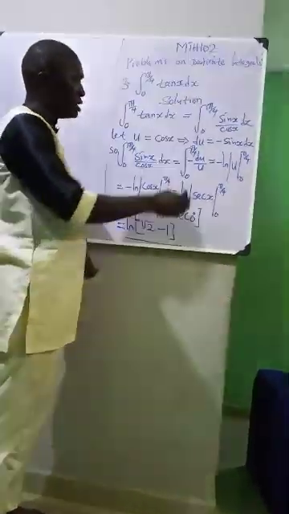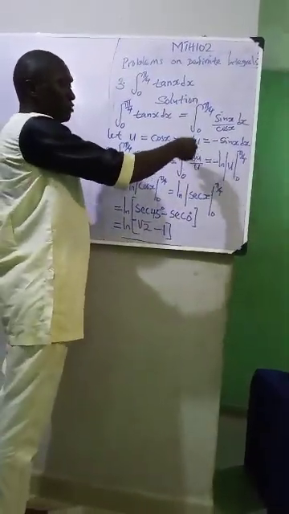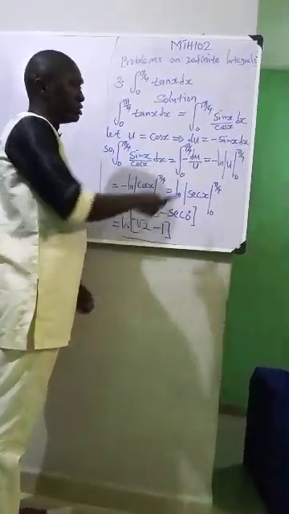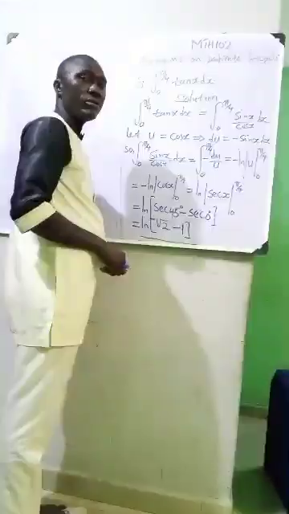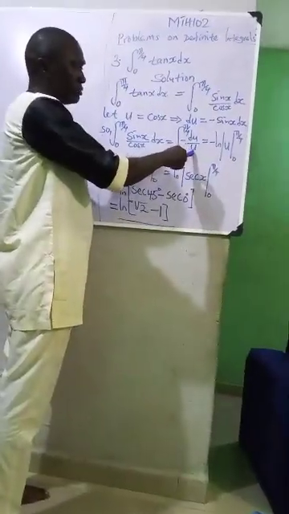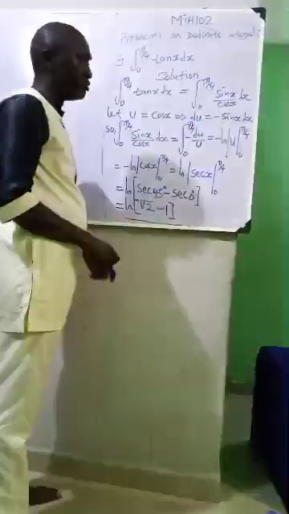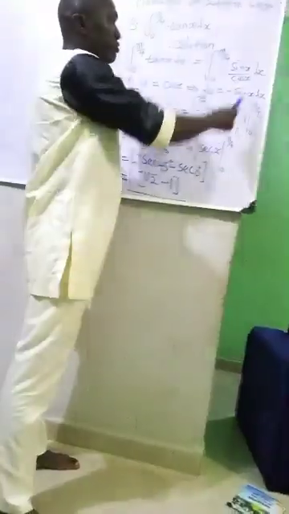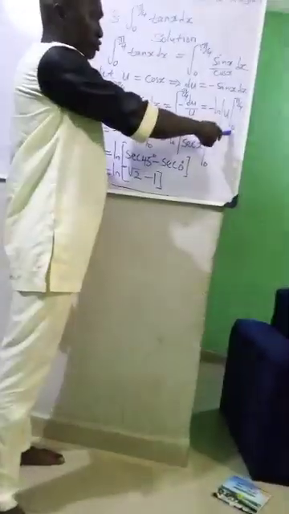Integrating 1 over u is the same thing as the natural logarithm of that variable. So du over u, the result is a standard result: ln u, to be evaluated from pi over 4 to 0.